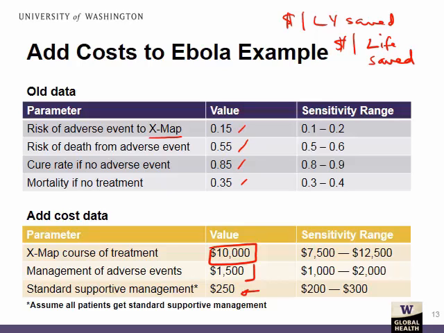So, using IV fluids and using nurse time and physician time costs $250. And these are per patient costs. And for the supportive management, we are saying all patients, including those who get XMAP, get supportive management.